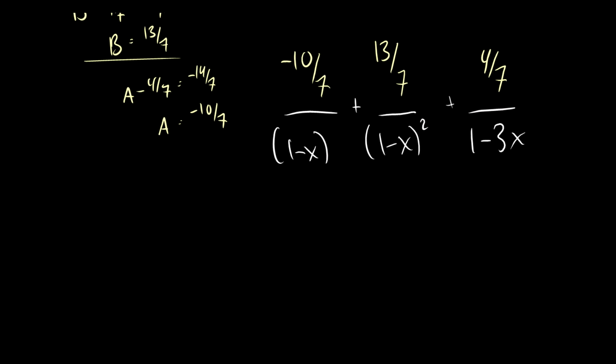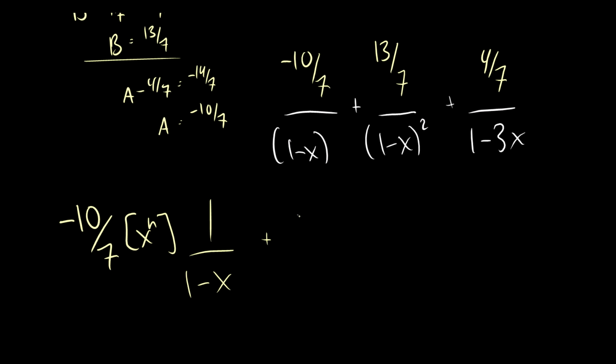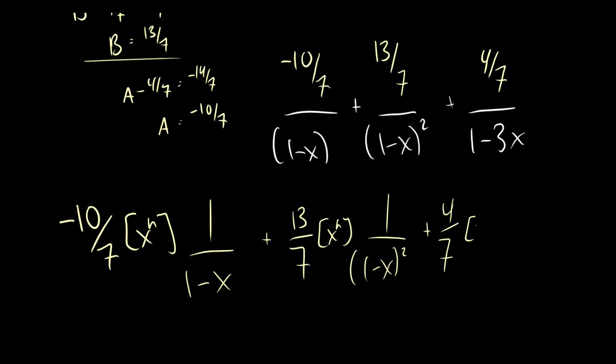Actually, we're going to factor out a bunch of stuff. So this is going to be negative 10 over 7 times the nth coefficient of 1 over 1 minus x, plus 13 over 7 times the nth coefficient of 1 over 1 minus x all squared, plus 4 over 7 times the nth coefficient of 1 over 1 minus 3x. So I factored out the constants, and I'm taking the nth coefficient of each term individually.